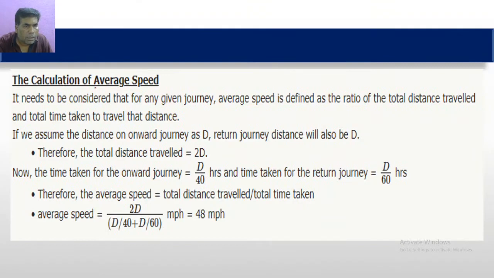So here, for the calculation of average speed, onward journey the distance is d, return journey also the distance is d. So therefore what is the total distance? 2d. Let us take it as 1.